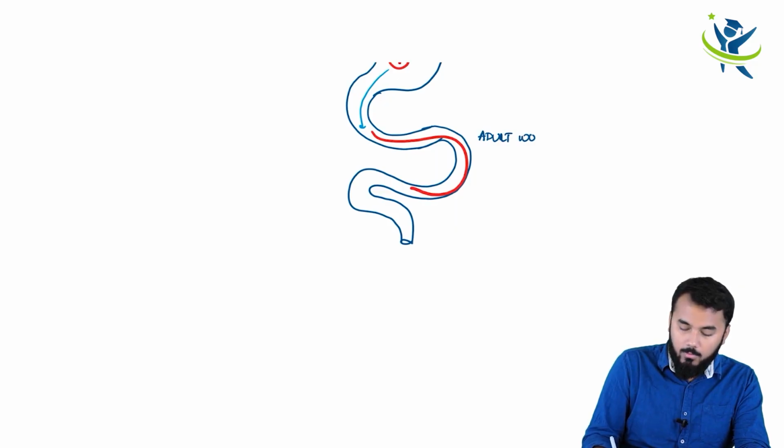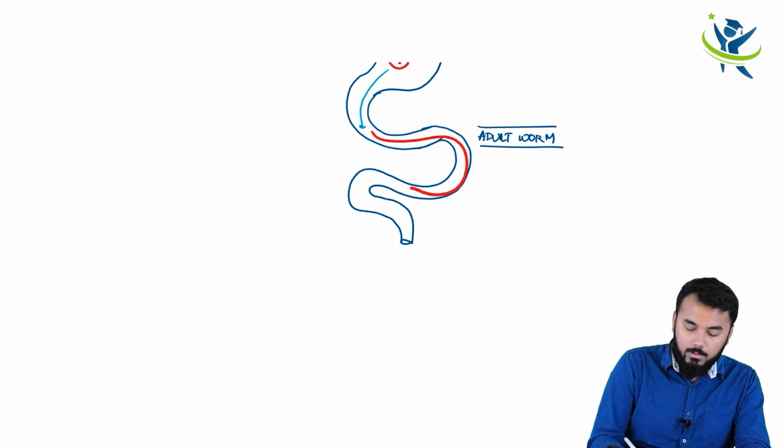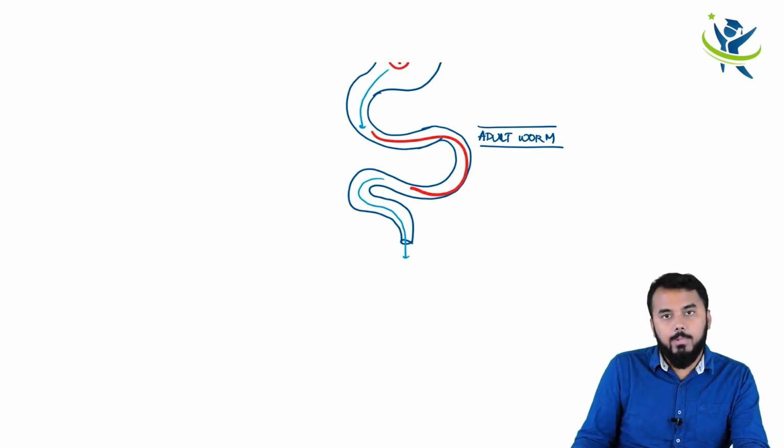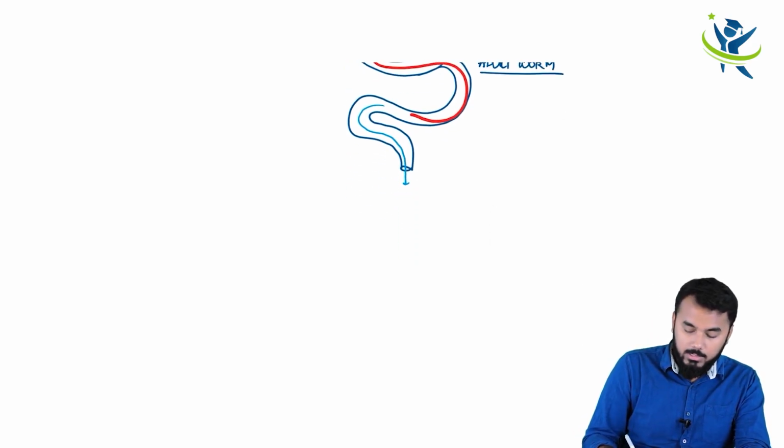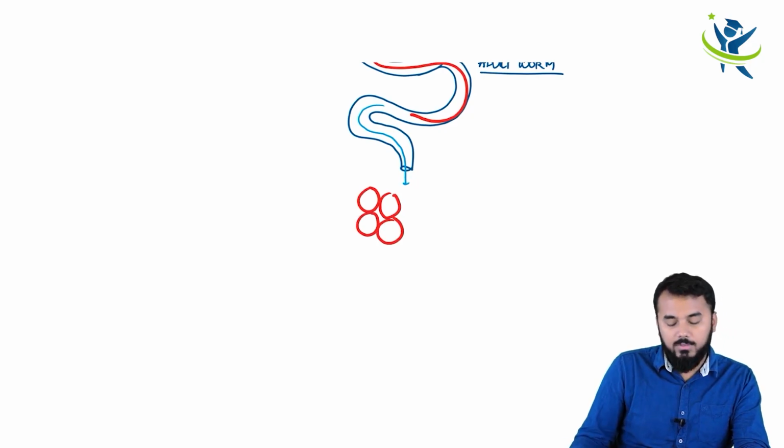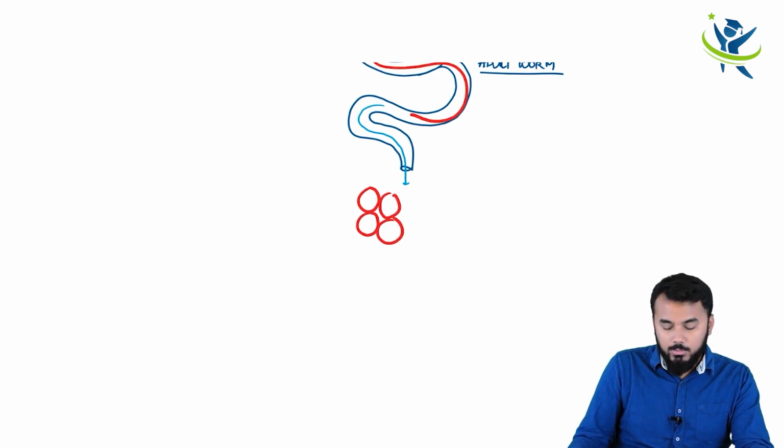Now this particular adult worm is going to excrete some eggs, and these eggs are called unembryonated eggs. These are empty eggs which are excreted in the feces. So when I do a stool test, I would more likely see the unembryonated eggs, right?